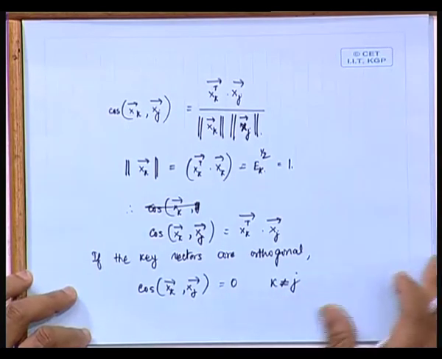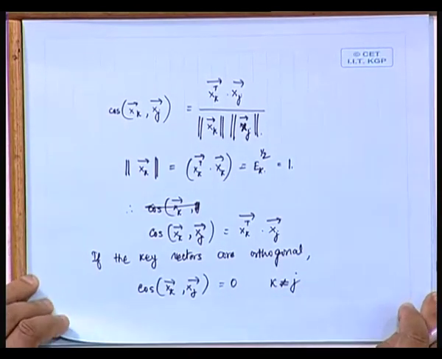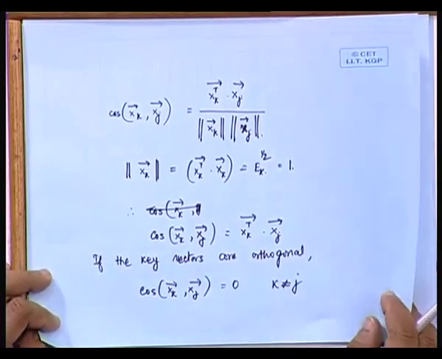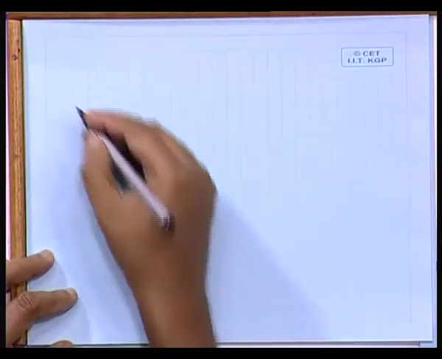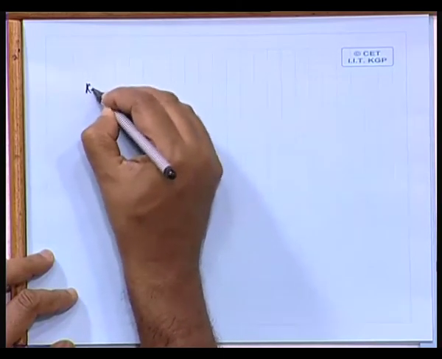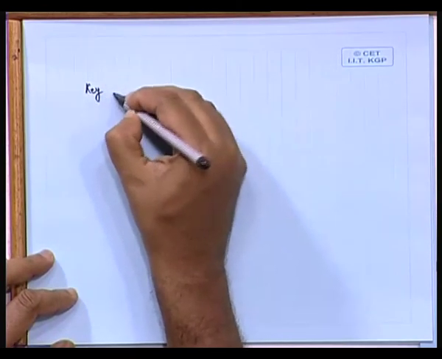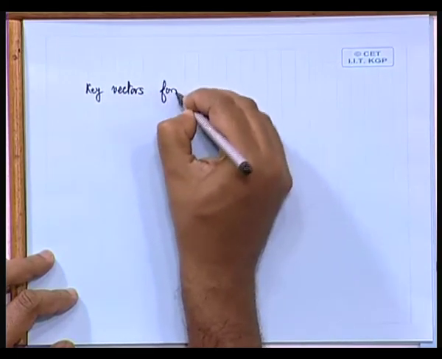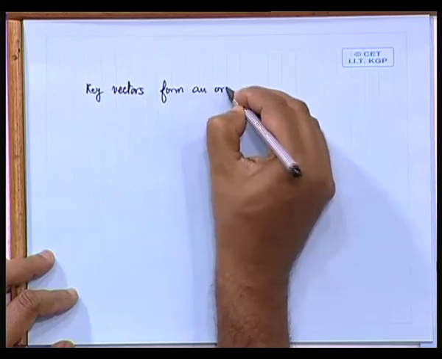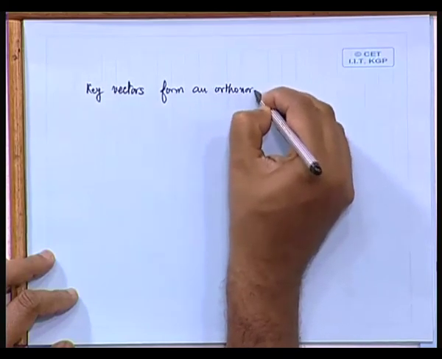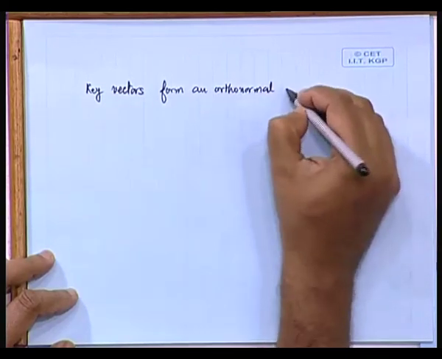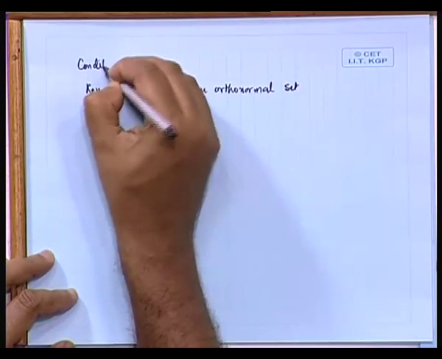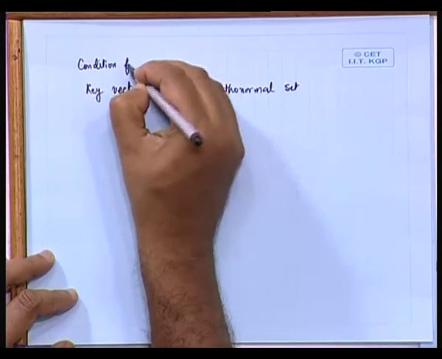So, that means the condition for the associative memory to work perfectly is that the key vectors form an orthonormal set. That is what we can say as the condition for perfect recall.